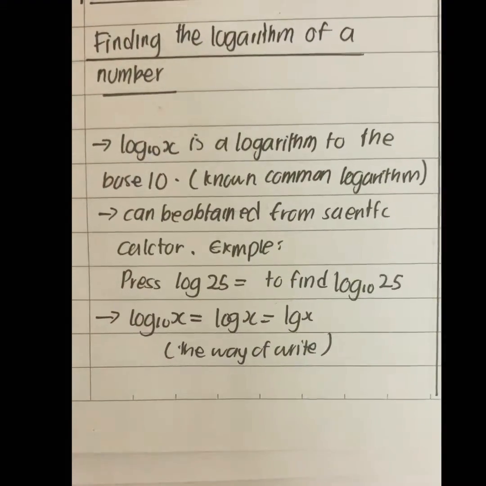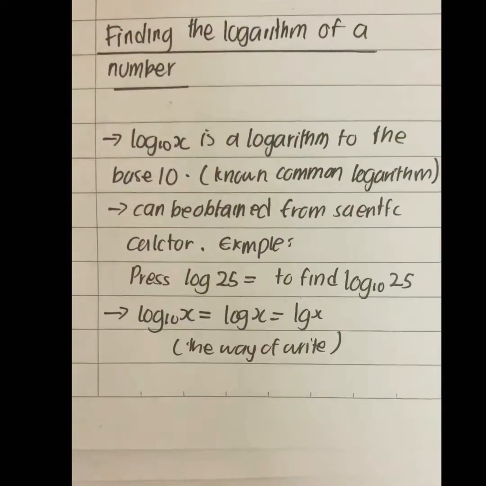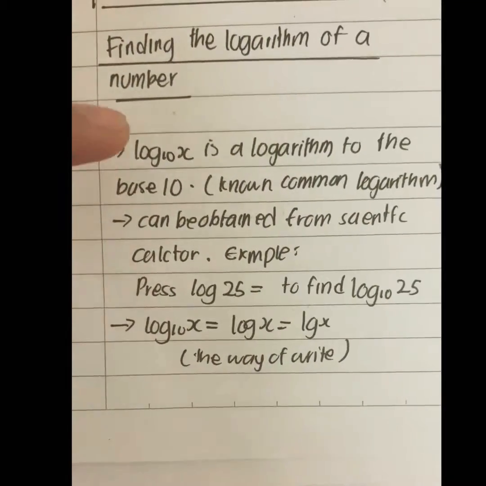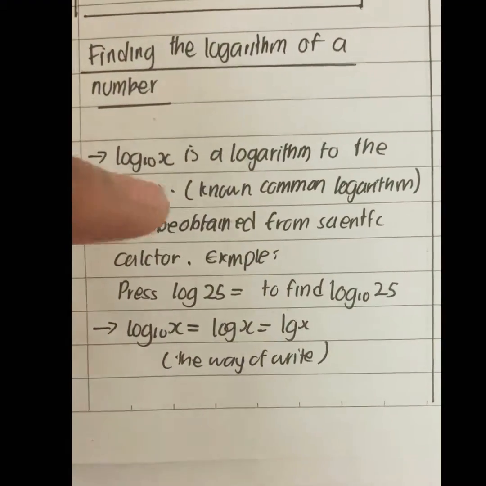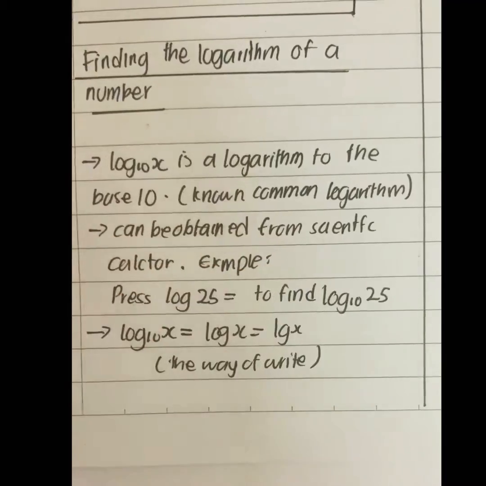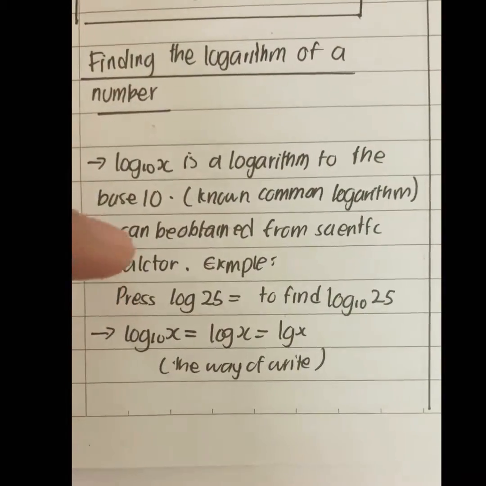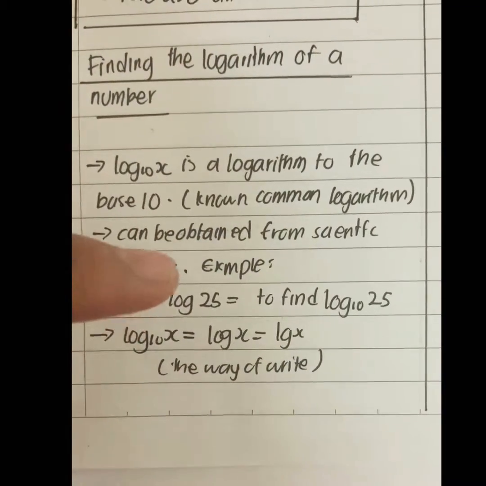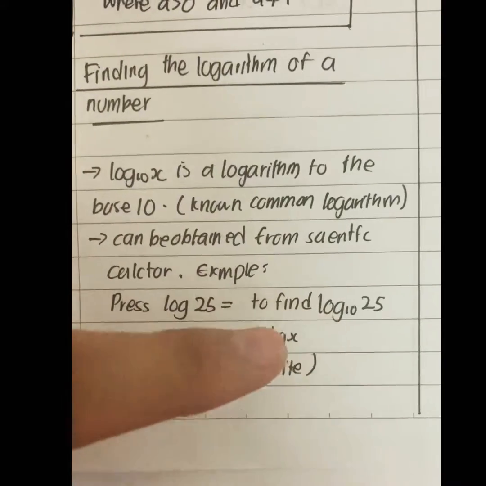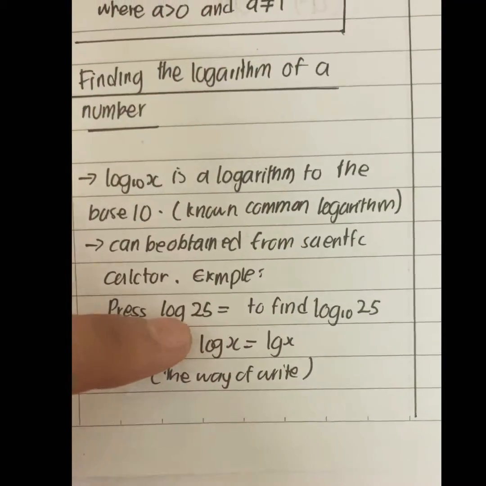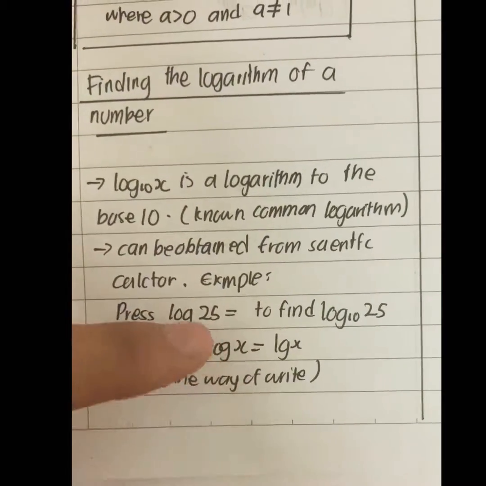Okay, next we continue with how to find the logarithm of a number. For example, log x to the base 10 is a logarithm to the base 10, known as the common logarithm. This can be obtained from a scientific calculator. For example, for the value of log 25 to the base 10, we can just press log on the scientific calculator and 25, and we will get the value.